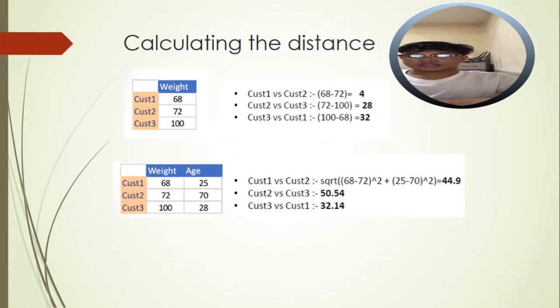Cluster 1 is 68, which is weight, and the age is 25, and cluster 2 is 72 of weight and age of 70. So, square root of 68 minus 72 squared plus 25 minus 70 squared is equal to 44.9. So, ayun, yun isa sa example niya paano mag-calculate ng distance.